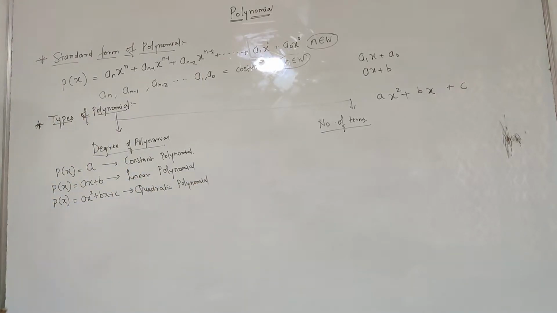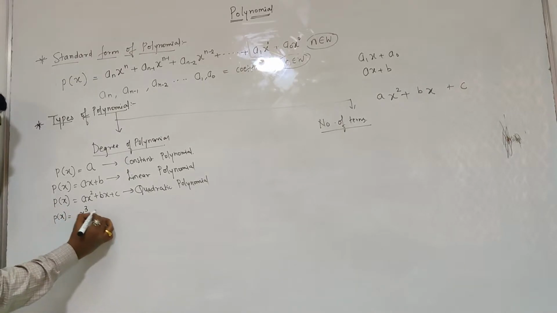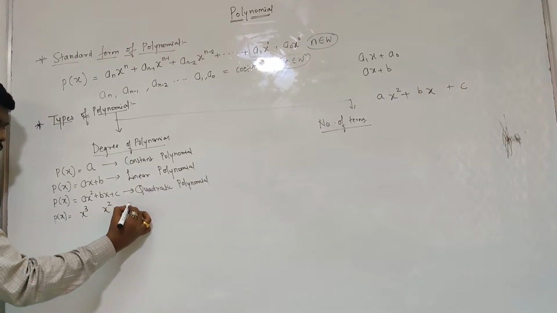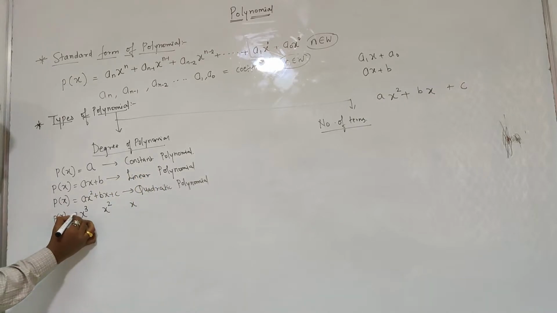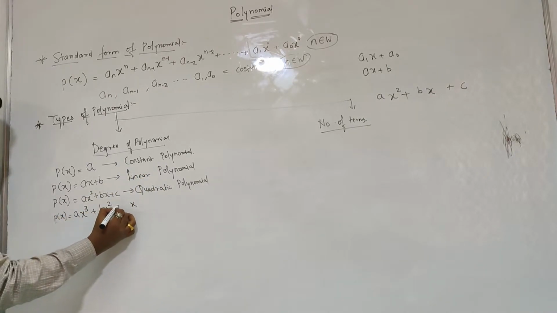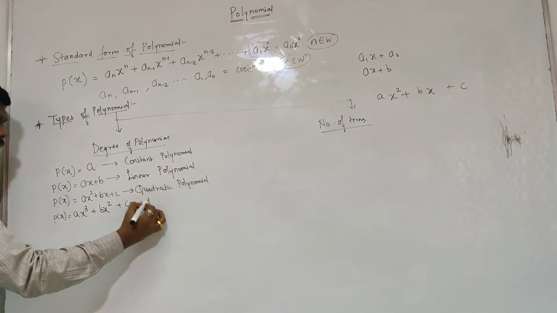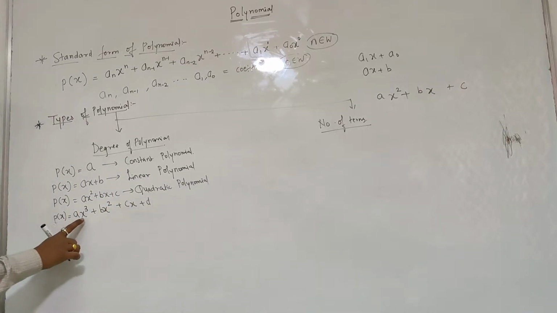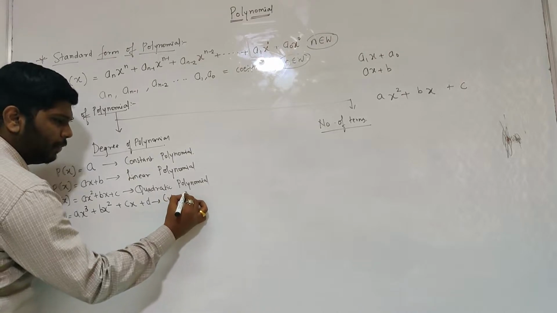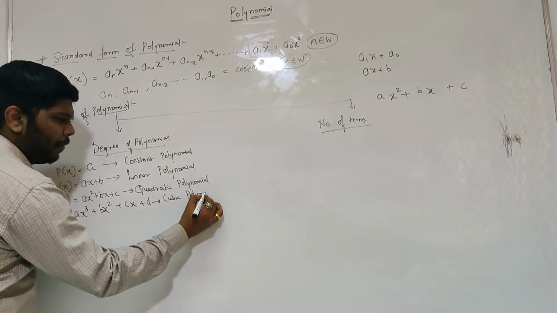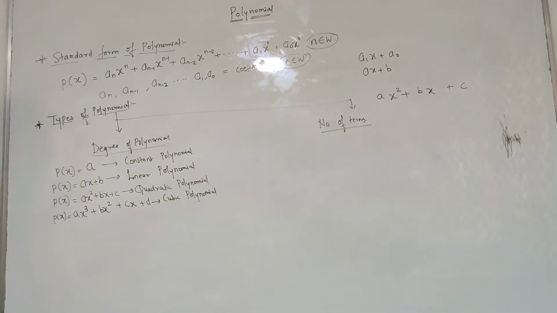Similarly, if I take the last four terms now, okay, without seeing the standard form, how can we write? We can say first it will be x cube, then x square, then x, and then a constant. Okay, so you can give the coefficients as a, b, c, and the constant is d. So when the degree of the polynomial is 3, it is called a cubic polynomial.